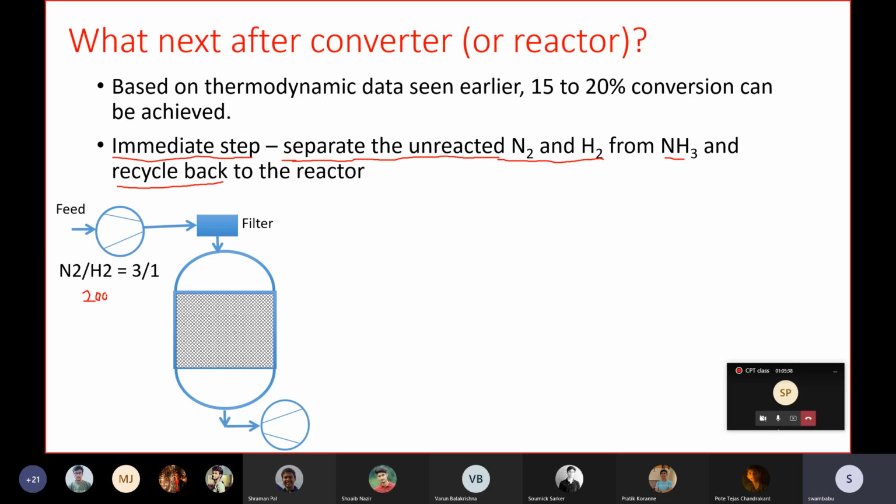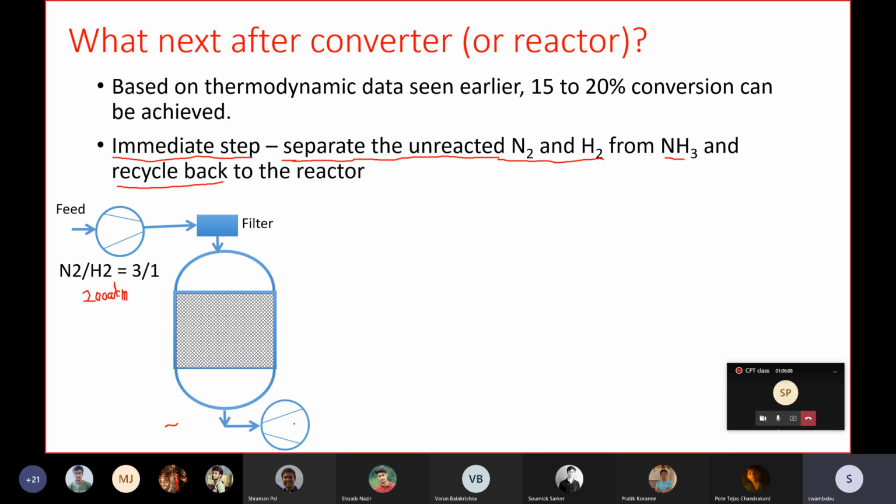Considering minor friction losses, there could be very small pressure drops, but still you will see the pressure is almost 190 atmospheres coming here.